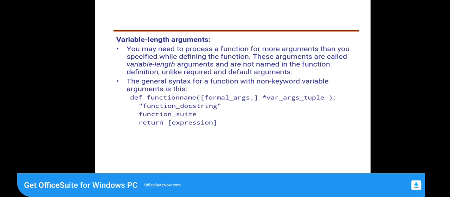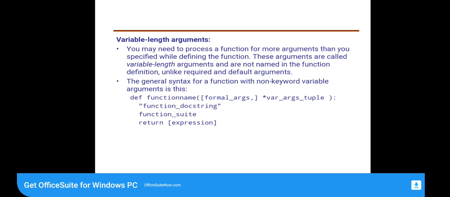Then variable length arguments. You may need to process a function for more arguments than you specified while defining the function. These arguments are called variable length arguments and are not named in the function definition, unlike required and default arguments. The general syntax for a function with non-keyword variable arguments: def function name, formal arguments, then variable arguments tuple.